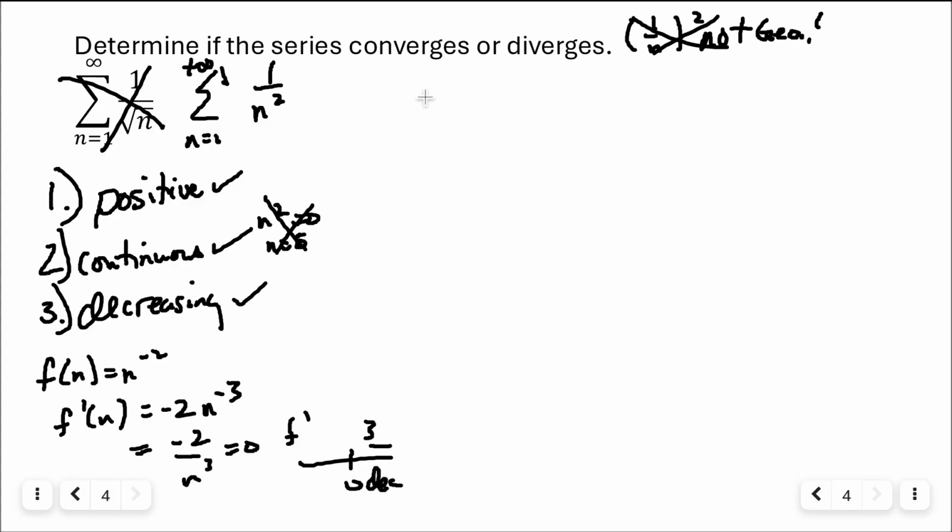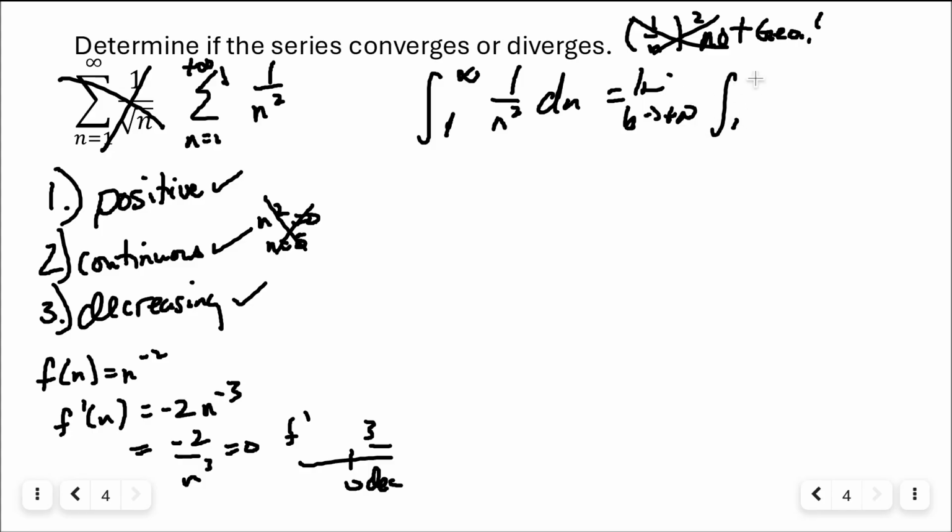All right, so we're going to integrate this thing. We're going to integrate from 1 to infinity, 1 over n squared dn, which is the limit as b goes to infinity of the integral from 1 to b. Let's just write it as n to the negative 2 dn because we want to use the power rule. Add 1 to the power, divide by what you get.